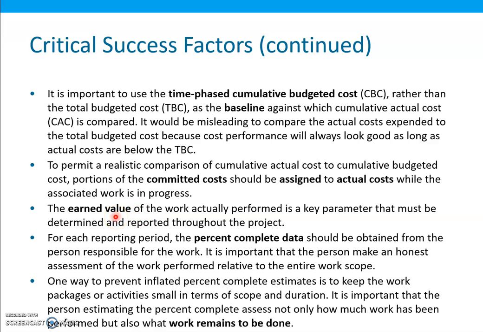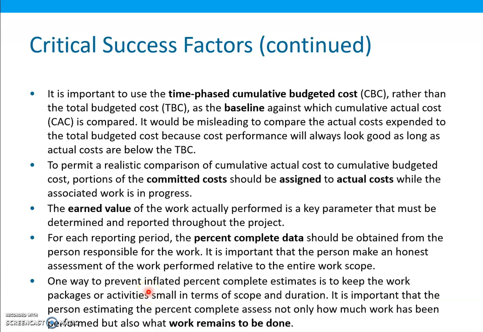The earned value of the work actually performed is a key parameter that must be determined and reported throughout the project. So for each reporting period, the percent complete data should be obtained from the person responsible for the work. It is important that the person make an honest assessment of the work performed relative to the entire work scope.